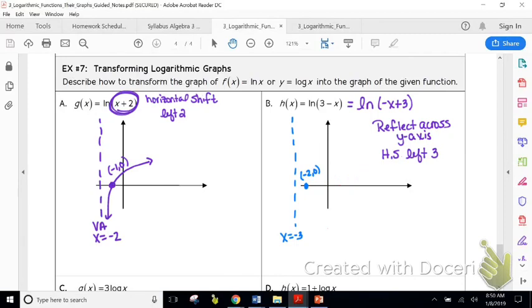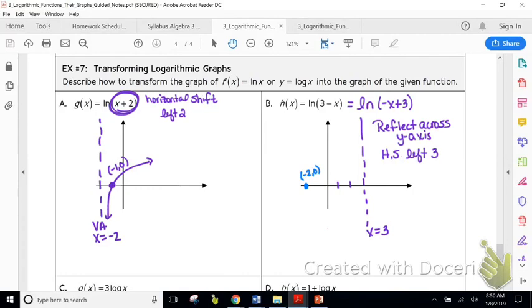No. Because now I took care of the left 3, now I've got to reflect across the y-axis. So that asymptote's going to reflect. If it was 3 to the left, it's now going to be 3 to the right. So now it's at positive 3.